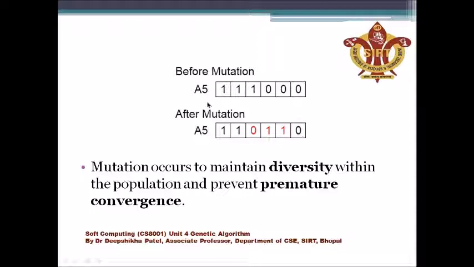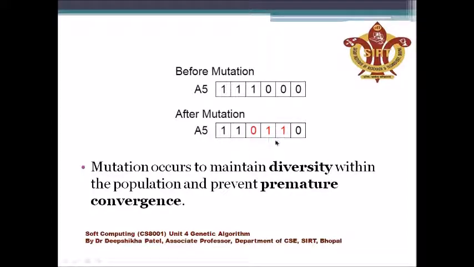When we calculate the fitness score, for example just by counting the number of ones in the chromosome, the fitness score of A5 is 3. When we mutate, the fitness score increases by 1, so after mutation the fitness score of A5 is 4.